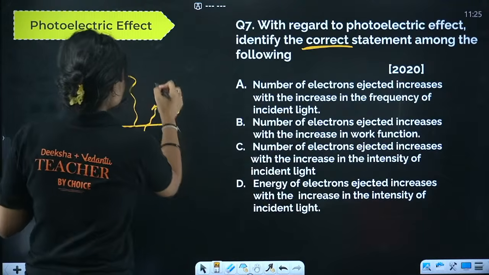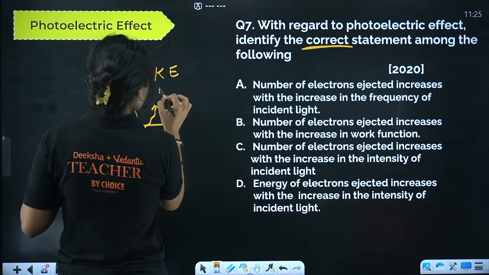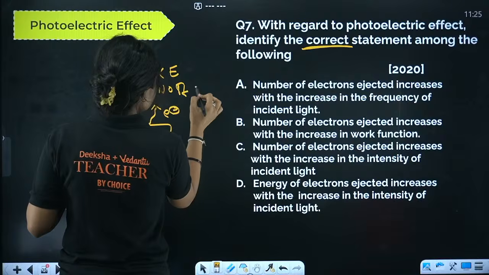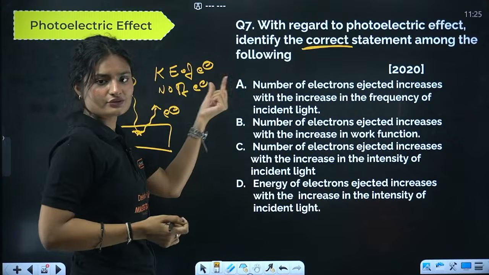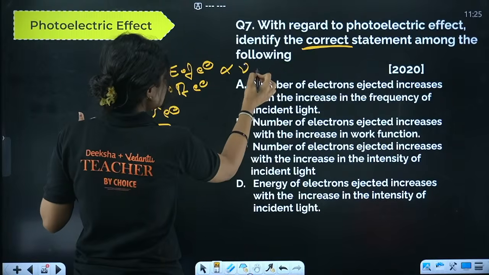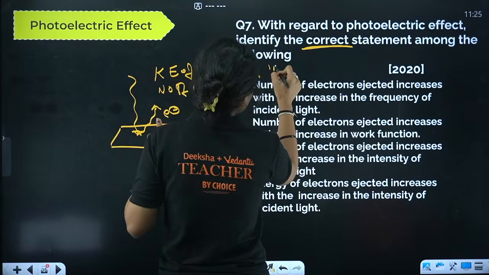Now we have two or three things: the kinetic energy of electrons and the number of electrons. Very simple relation. The kinetic energy of electrons is directly proportional to the frequency of incident radiation.